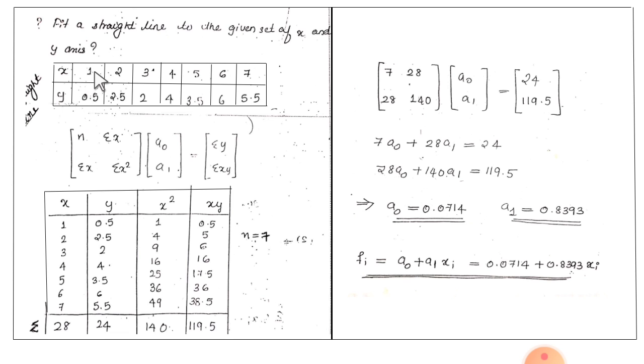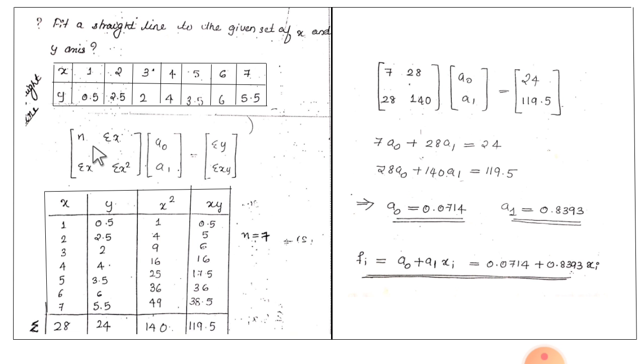So x equal to 1, 2, 3, 4, 5, 6, 7, corresponding y values are given as 0.5, 2.5, 2, 4, 3.5, 6, 5.5. So our governing equation is this: the matrix [n, sigma x; sigma x, sigma x squared] into [a0; a1] equal to [sigma y; sigma xy].